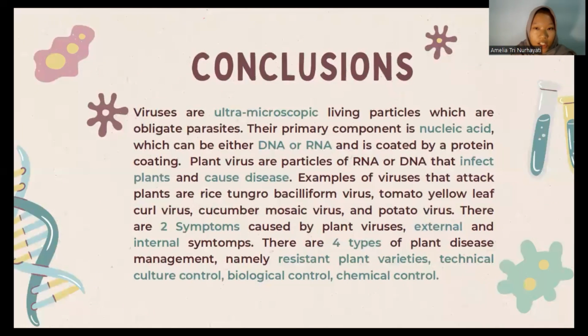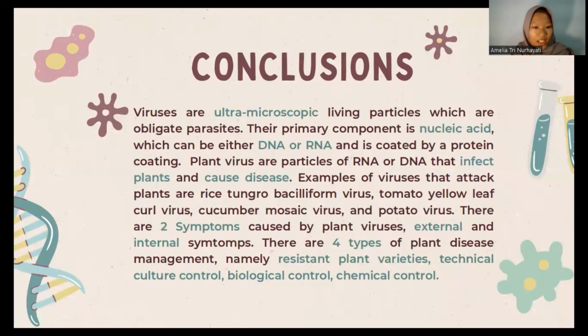I guess our conclusion from our presentation is that viruses are ultramicroscopic living particles which are obligate parasites. Their primary component is nucleic acid, which can be either DNA or RNA and is coated by a protein coating. Plant viruses are particles of RNA or DNA that infect plants and cause disease.